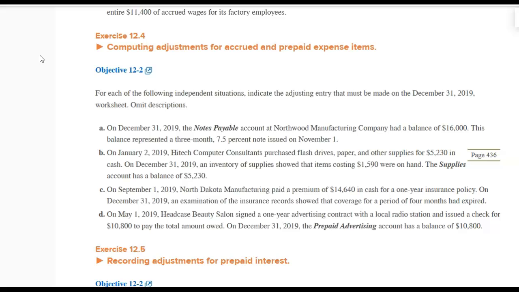So the total interest is $1,200, divided by 3 months is 400, and they are saying it's 200. Oh, it was issued on November 1st. That's why. Okay. So we have to count the entire month of November, and we have to count the entire month of December. 2 months of interest.